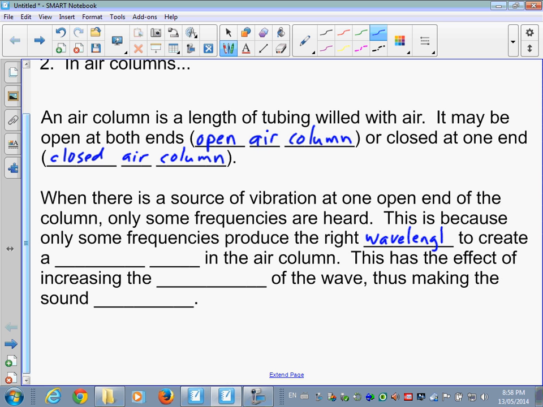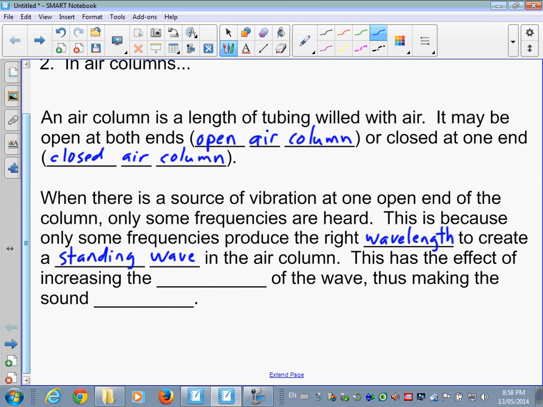And what do we mean by the right wavelength? Well, it's the right wavelength to produce, not surprisingly, because we've talked about it several times now, a standing wave. Standing waves are the main culprit, I suppose you could say, in mechanical resonance. Every object has its own frequency which can be vibrated, that will produce a standing wave inside the object.